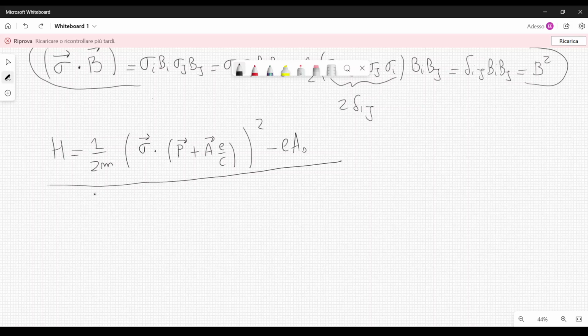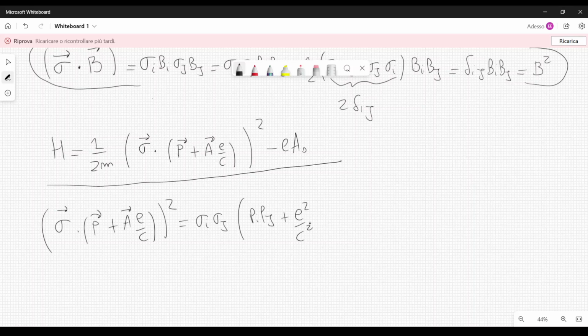So let's rewrite this parenthesis here squared. So sigma dot product P plus A e over c, squared. We can rewrite this as sigma i sigma j times Pi Pj plus e squared over c squared Ai Aj plus e over c, Pi Aj plus Ai Pj.